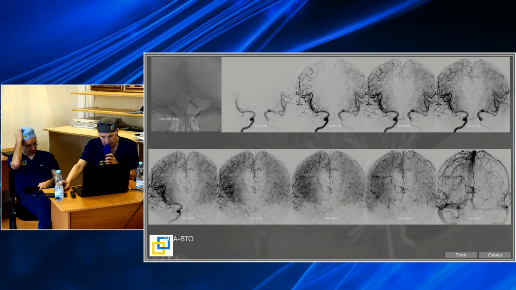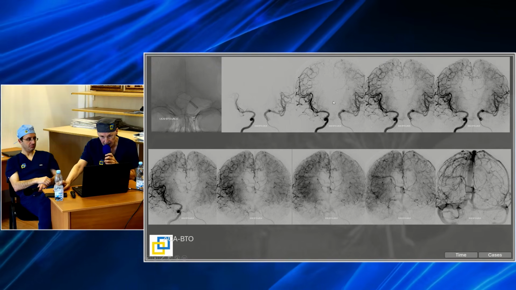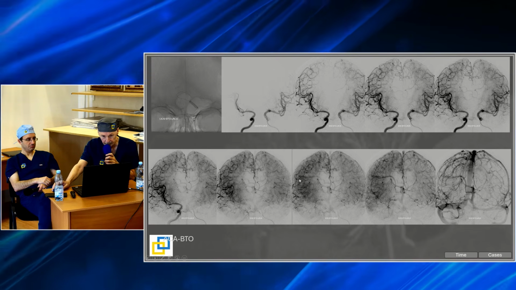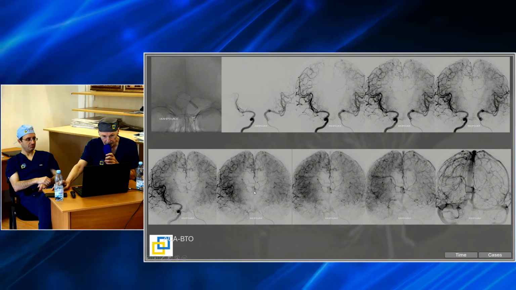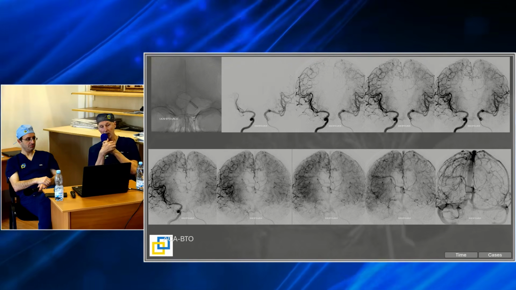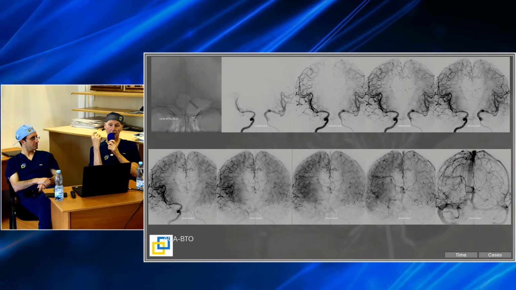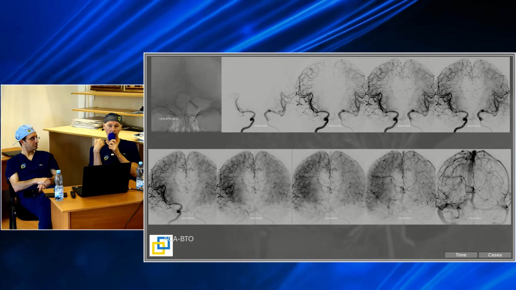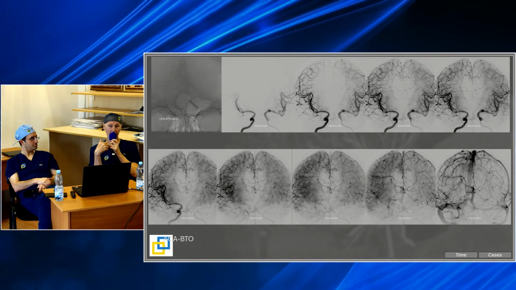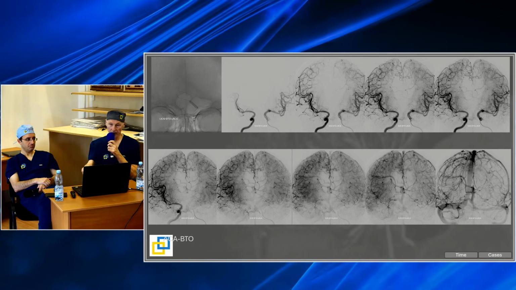Now we simultaneously shoot the ICAs bilaterally, and you can see there's quite a bit of good collateral support for the distal ACA territory. So one of the treatments, thinking back to our deconstructive approaches of history, is to close the ACAs at the aneurysm level and address the aneurysm in that deconstructive way.